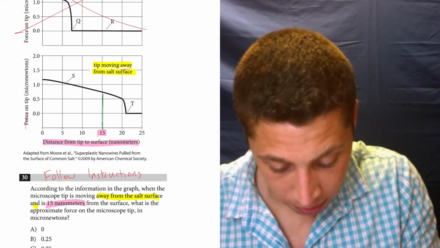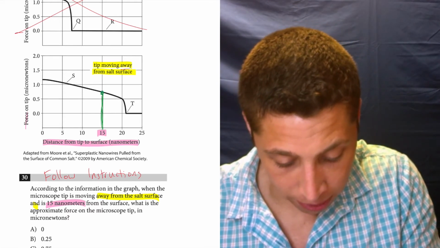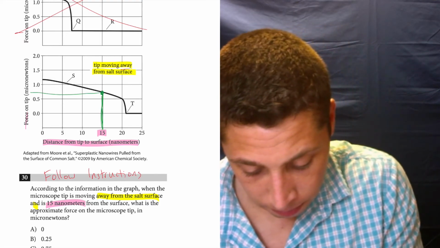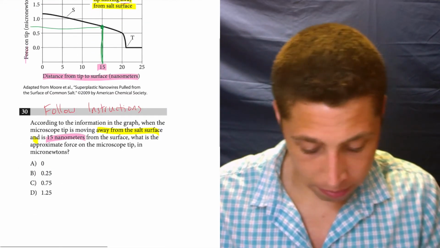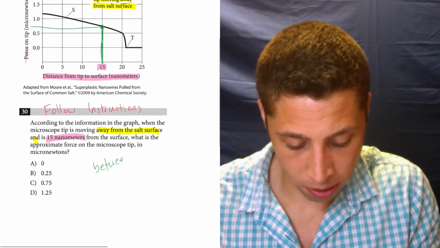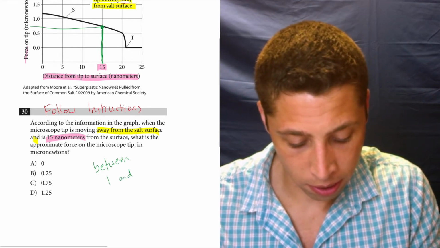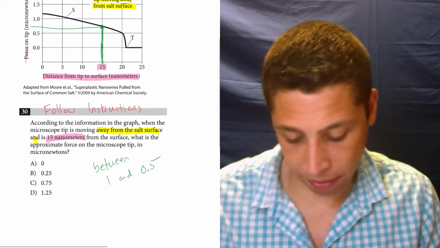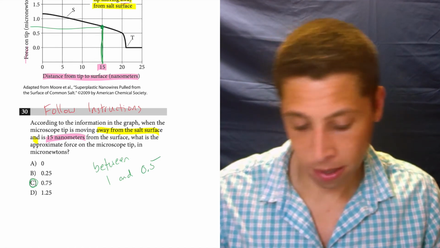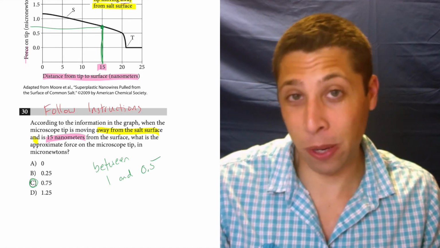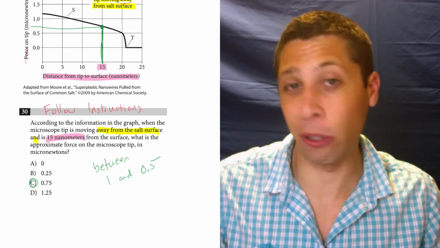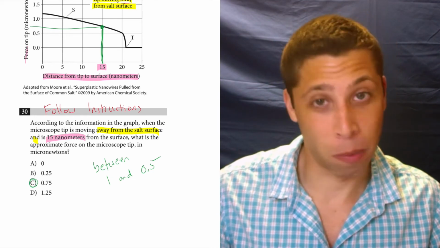So 15, we go up, it's this point right here. Well, it's between 1 and 0.5. 0.75 is between 1 and 0.5. In fact, it's the only choice that's between those numbers, so it must be right.